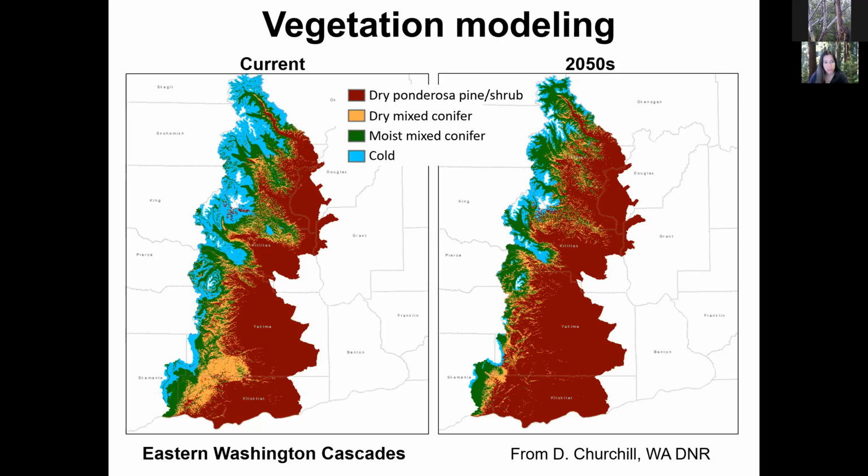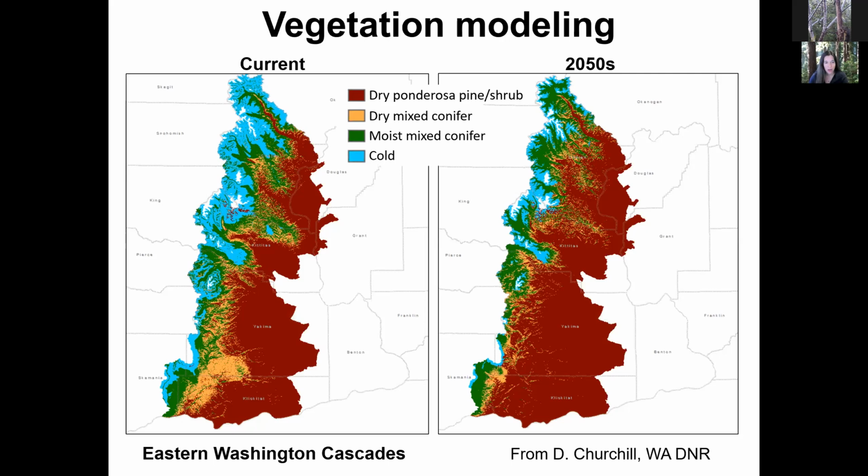And it's using information on future temperature and projections for how water deficit or water stress is going to change in the future. And you can see with climate change on the right there are some shifts with more water stress. We see the expansion of the dry ponderosa pine and shrub ecosystems.